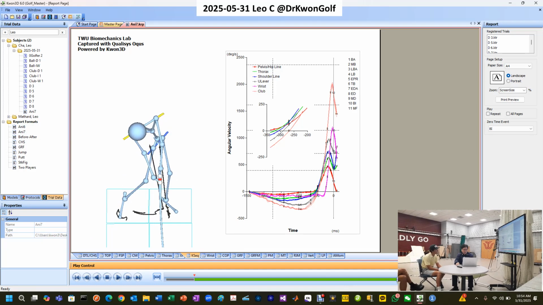So now around the impact here, if you look at the lead arm and the club, you have a smaller angle on this side than this side here. Normally, in the driver condition, the impact occurs about here, right?